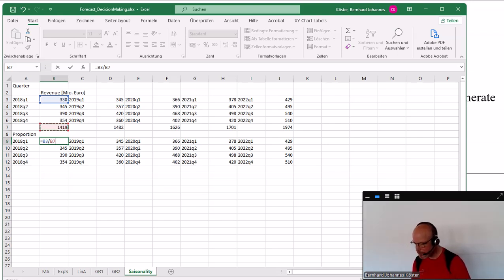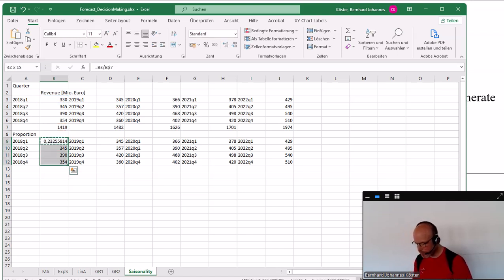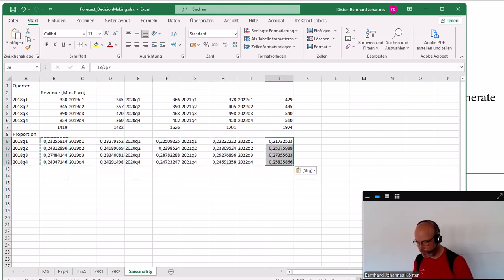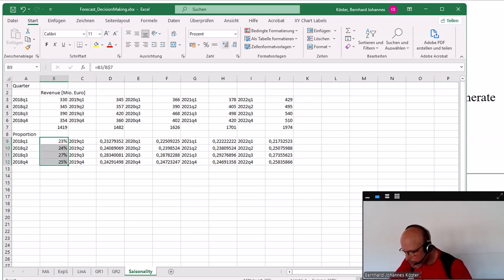And this we have to fix, and then I want to copy it. So I want to move horizontally. So the number should be fixed in this way. Hopefully this works. And oops, let's use again percentage.